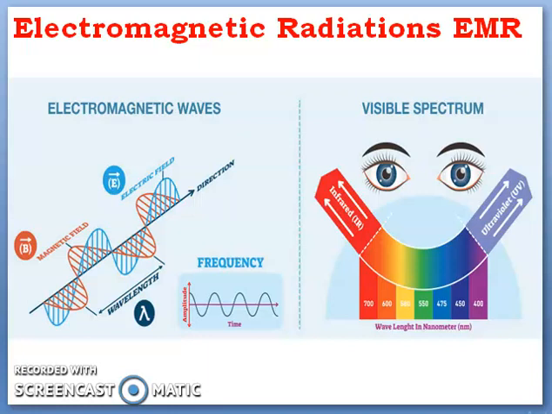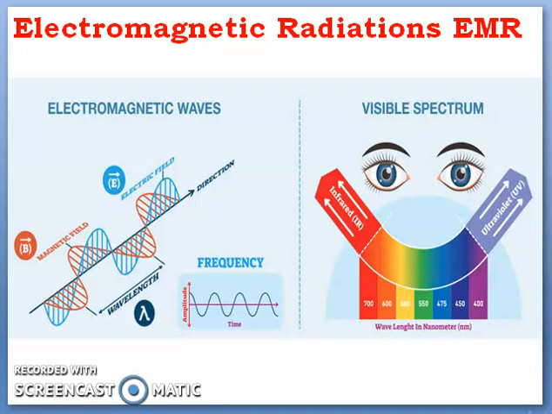It is a region, clearly stated in the slide, that ranges from 700 nanometers to 400 nanometers wavelength, above and below which we have infrared radiation and ultraviolet radiation respectively. So this slide clearly explains that various types of electromagnetic radiations are classified based on wavelength or frequency.